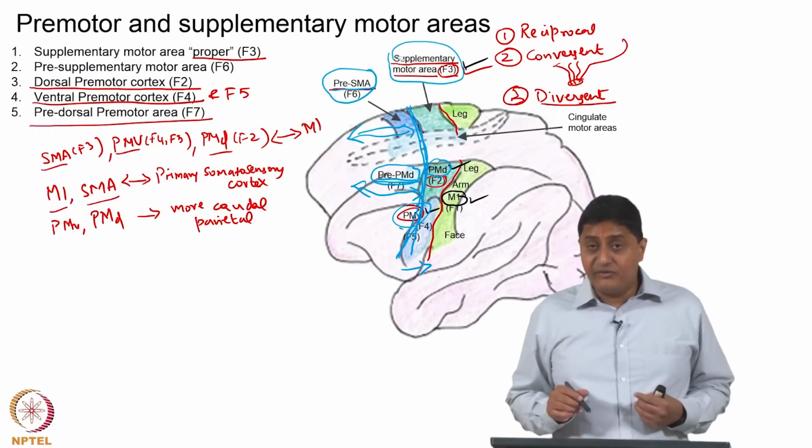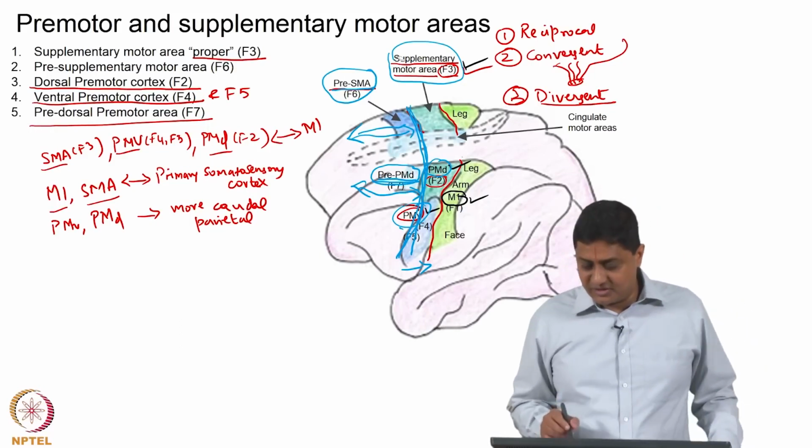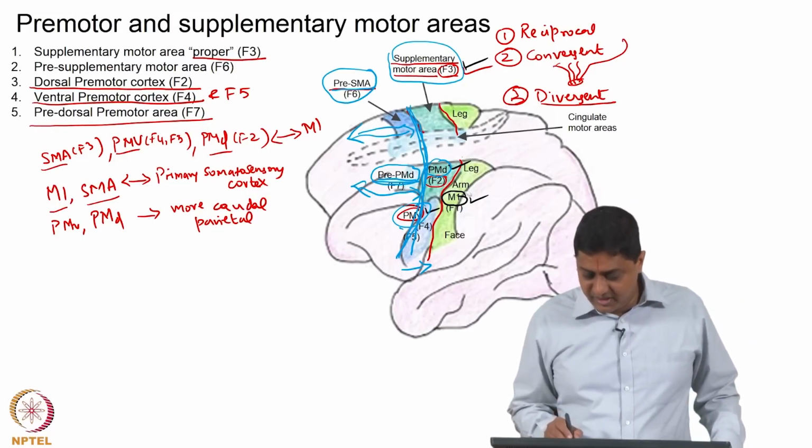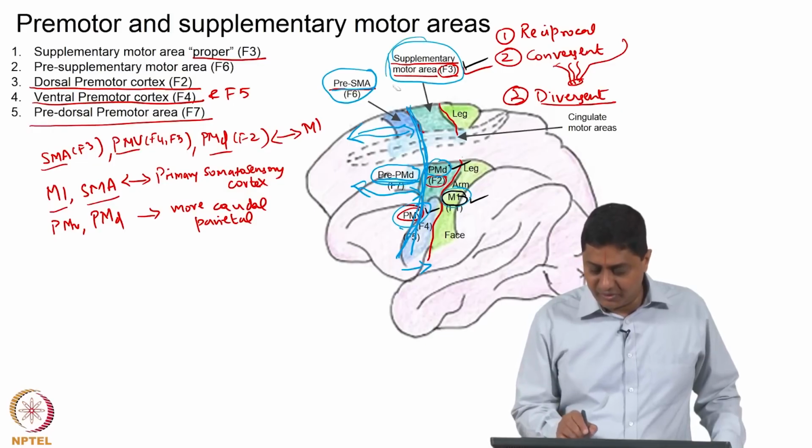And direct information from the primary somatosensory cortex is received by M1 and the supplementary motor area.